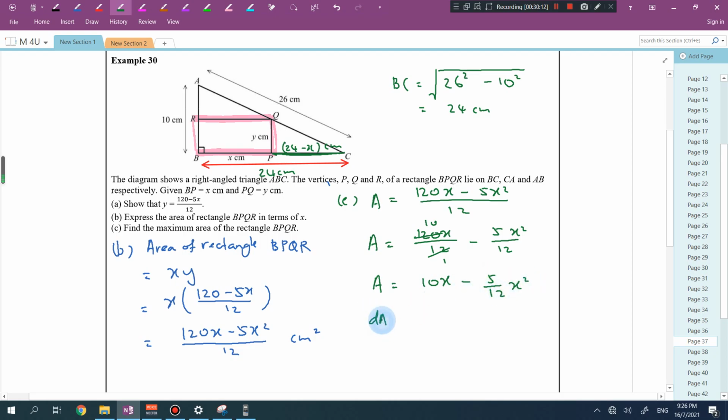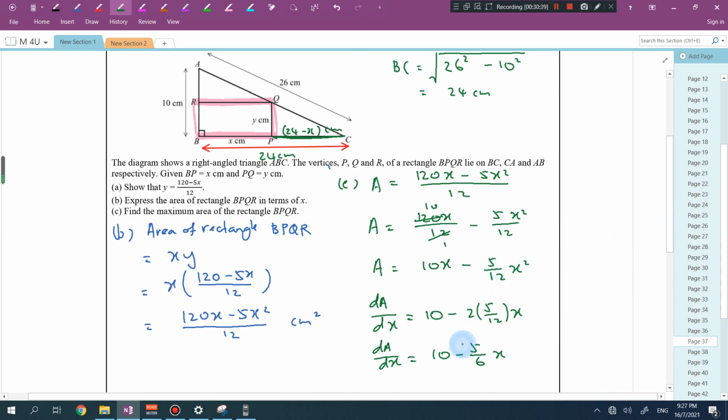Now let's find the first derivative, dA/dx. 10 minus 2 times 5 over 12, you will get 5 over 6. The power here, you have to minus 1, remember. So dA/dx is equal to 10 minus 5 over 6 x.